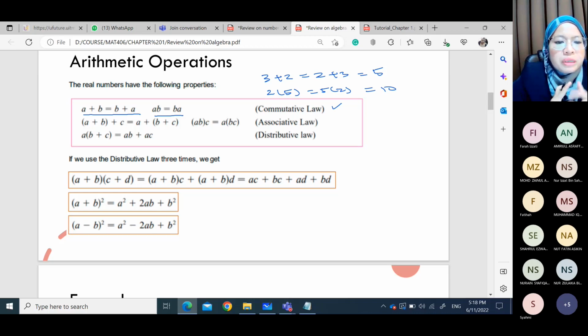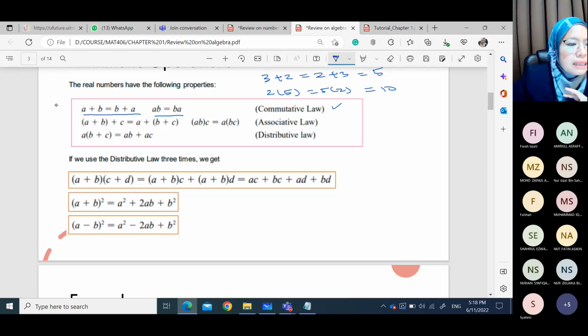Okay. So untuk commutative law ni, yang kita boleh gunakan adalah operasi yang melibatkan tambah dan juga darab saja. Okay, so kita nak katakan A minus B, it is equivalent with B minus A. Ini tidak boleh berlaku. Contoh kita ada 3 tolak 2, adakah dia sama dengan 2 tolak 3? Sama tak?